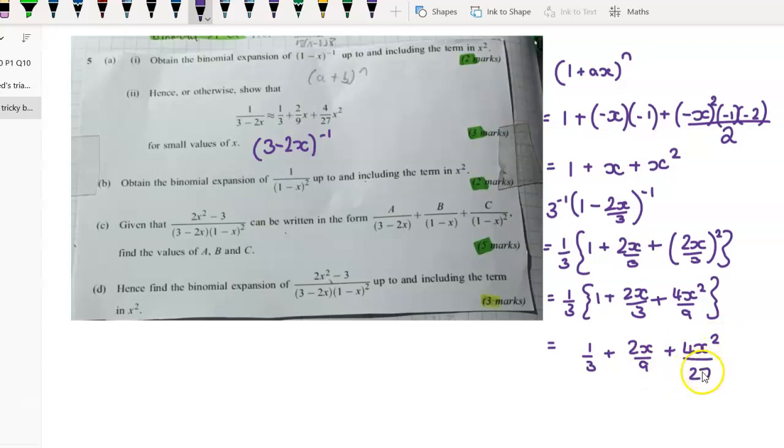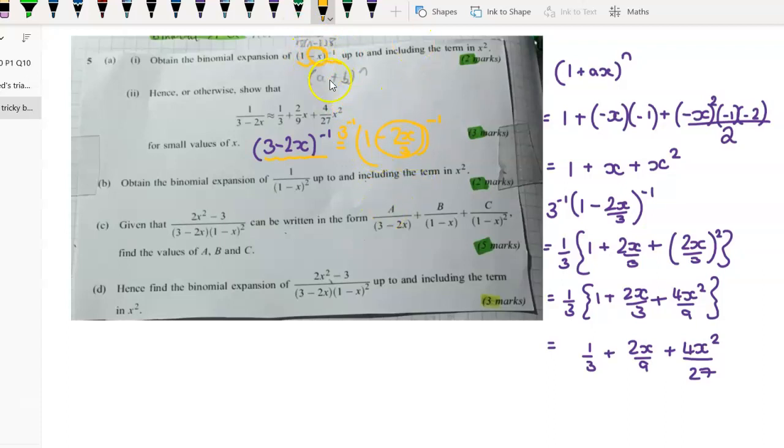So the tricky bit there, now you didn't have to use the logic from the first bit for the second bit, but what you were basically saying is if you compare (3 minus 2x) to the power minus 1 with (1 minus x) to the power minus 1, once you've divided that by the 3 and you've got the 3 to the minus 1 on the outside, the only difference between minus x and minus 2x over 3 is you've got 2/3 of x.